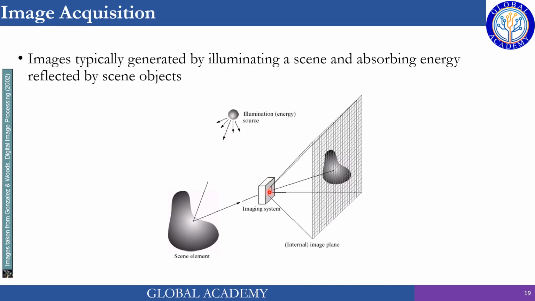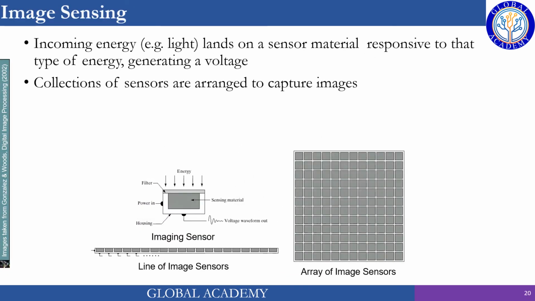An imaging system in fact absorbs the energy reflected from the object onto the image plane. A photosensor which can sense light intensity is very common in smartphones and helps in adaptive adjustment of the backlight of the LCD.